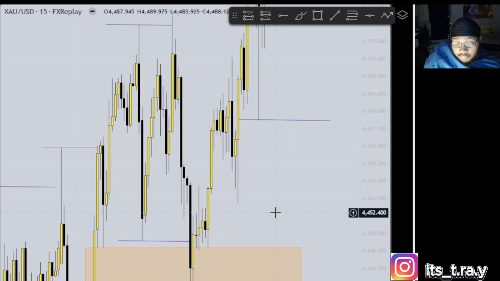So yeah, that's pretty much how fair value gaps and inverse fair value gaps work. They pretty much work the same. It's just, if price closes past a fair value gap, it inverses it, or aka flips its properties basically.